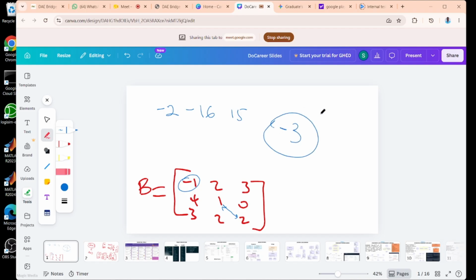So the total answer is negative 3. Negative 2 minus 16 plus 15, that's negative 3. Yes, that's it.